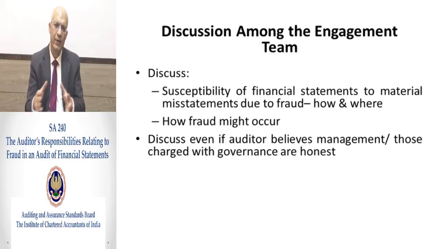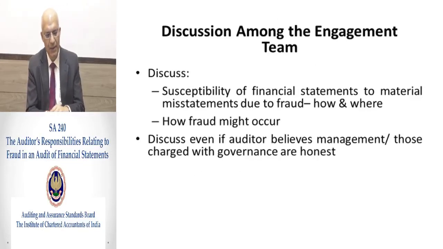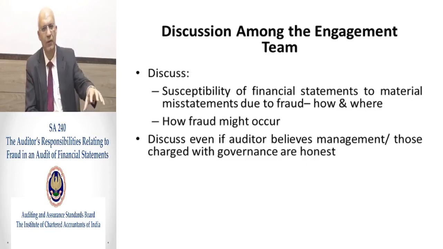So once we've established that we will have professional skepticism, during the planning stage it's important that the fraud risk factors are discussed with the engagement team entirely. It should not be confined only to the senior members or the partners.